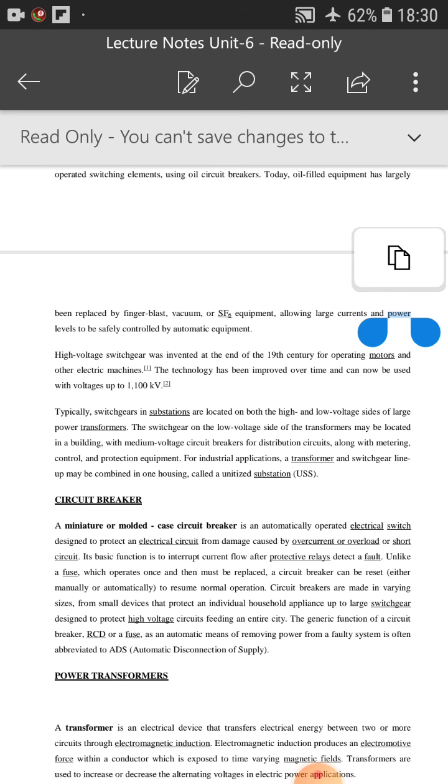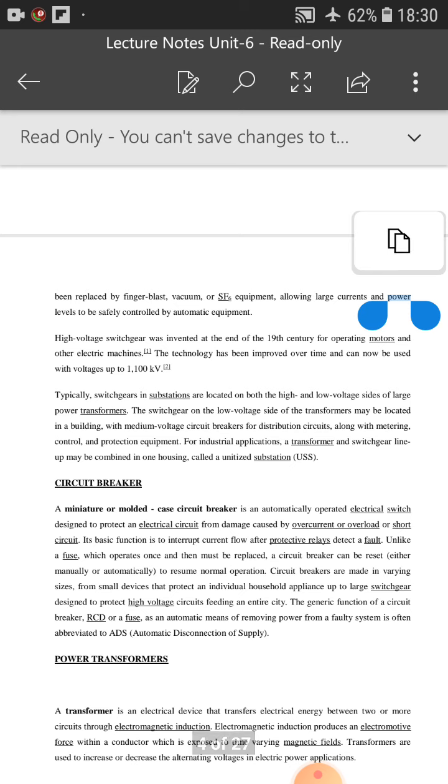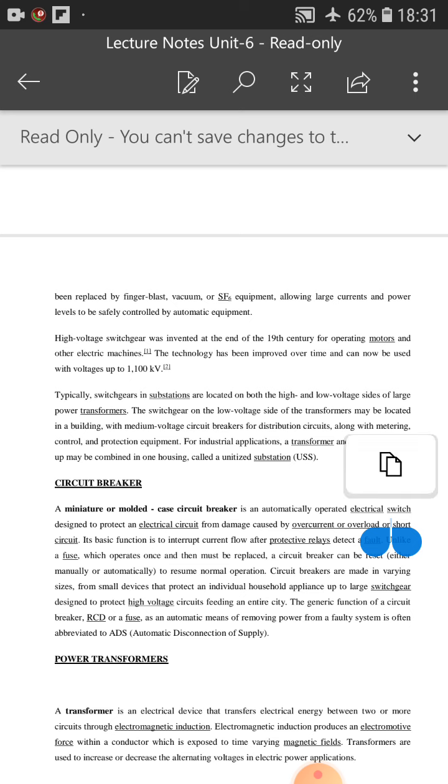The switchgear on the low voltage side of the transformer may be located in a building, with medium voltage circuit breakers for distribution circuits, along with metering, control and protection equipment. For industrial applications, a transformer and switchgear lineup may be combined in one housing called unitized substations.